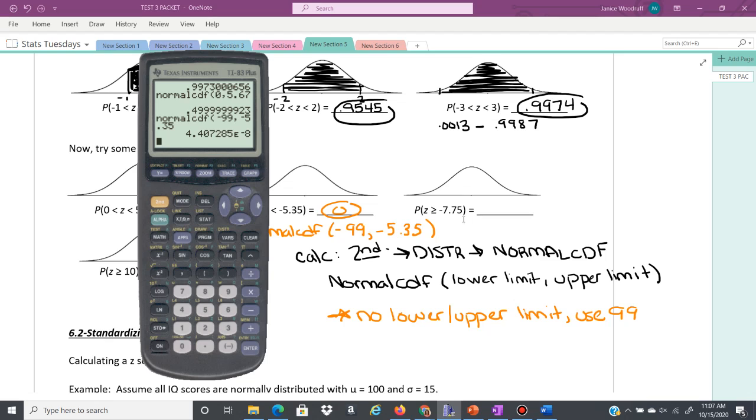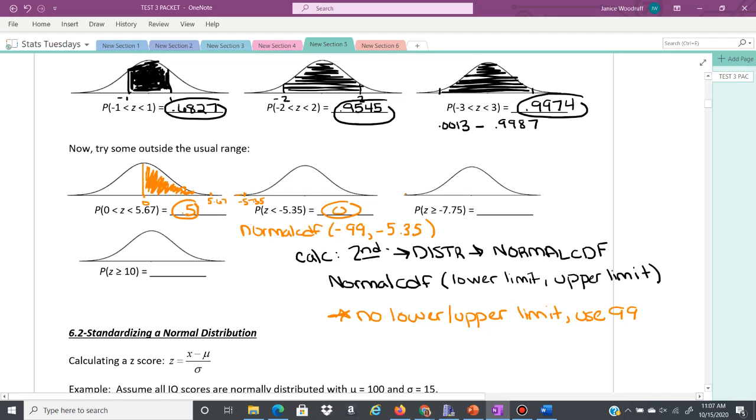And then you have, for this example here, there's no upper limit. So this would be that the z-score is greater than or equal to -7.75. So again, it's coming from way over here, but it's going this way now to infinity and this whole curve. So this should be pretty close to 1 because it's basically the whole curve.